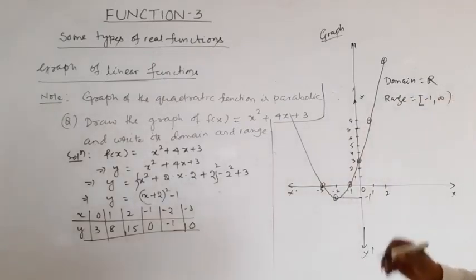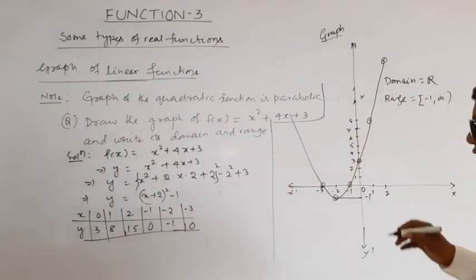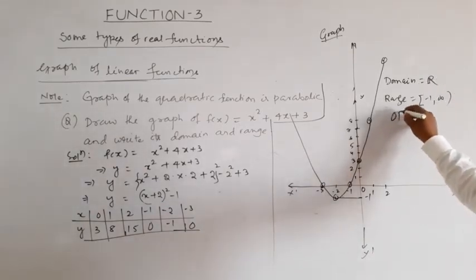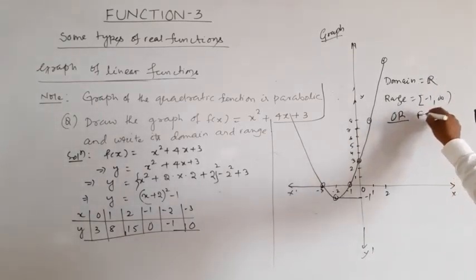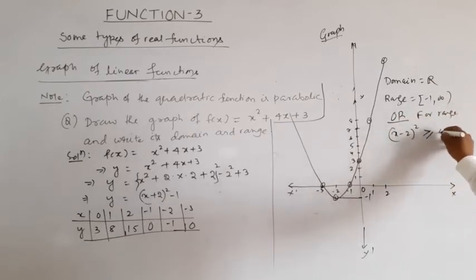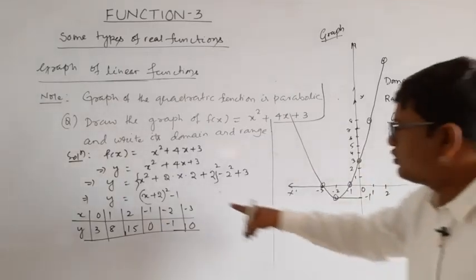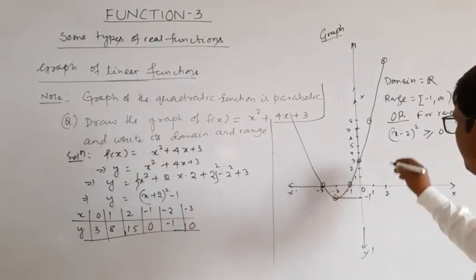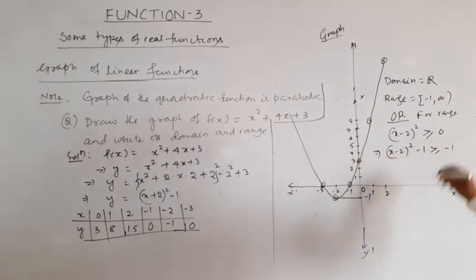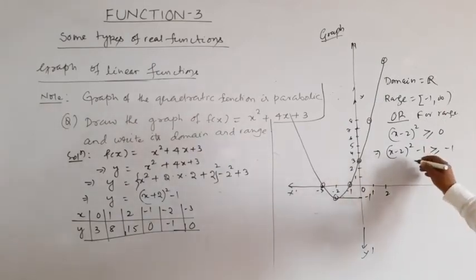Or we can do this for range: (x minus 2) whole square is always greater than or equal to 0. Here minus 1 is present, so subtract 1. (x minus 2) whole square minus 1 is greater than or equal to minus 1, and this is y.